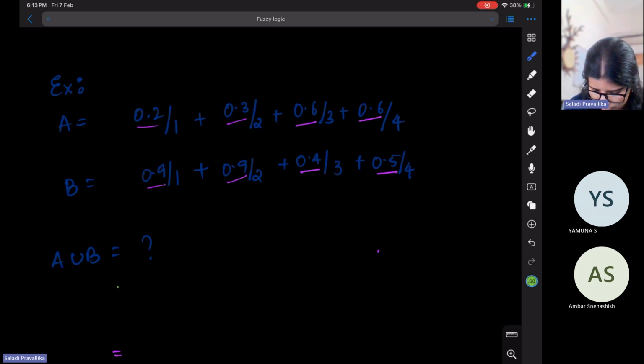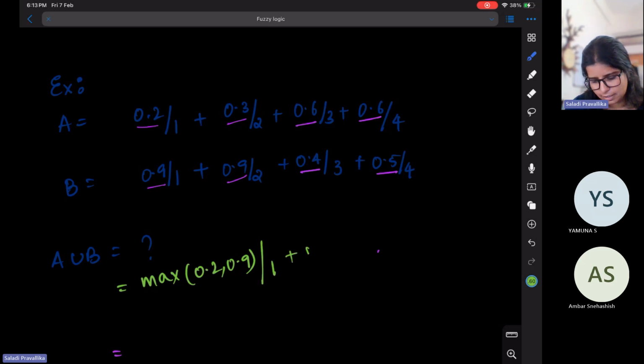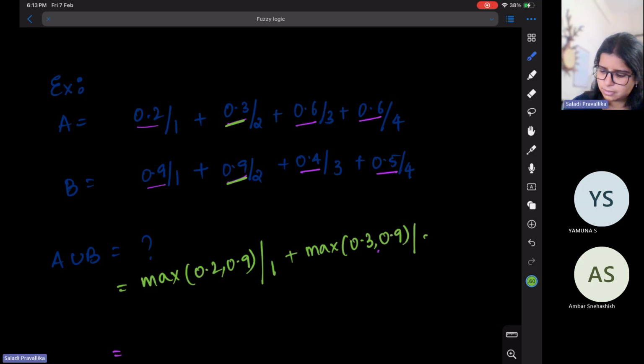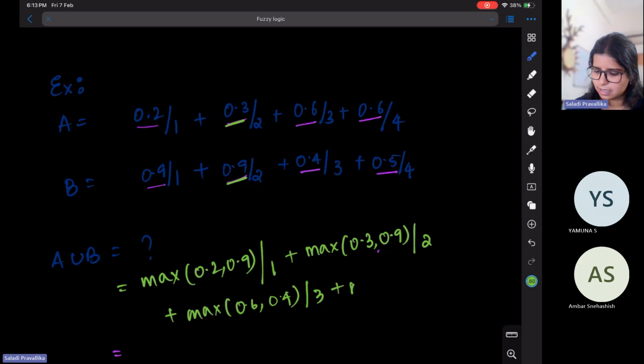So we'll take the maximum between 0.2 and 0.9 for x equal to 1, plus maximum of 0.3 and 0.9 for x equal to 2, plus maximum of 0.6 and 0.4 for x equal to 3, plus maximum of 0.6 and 0.5 for x equal to 4.